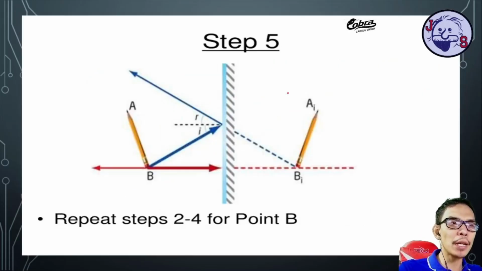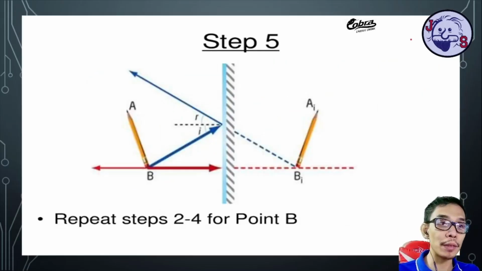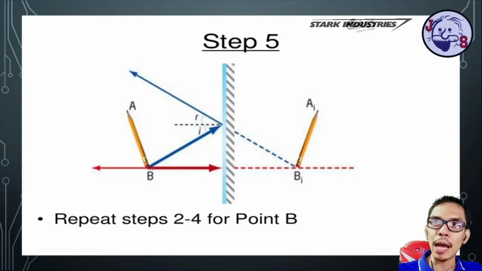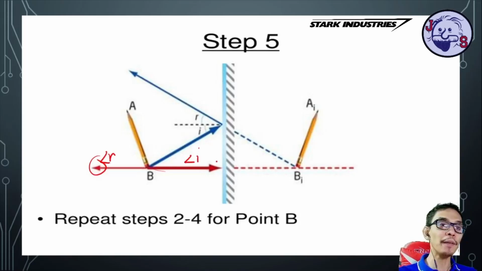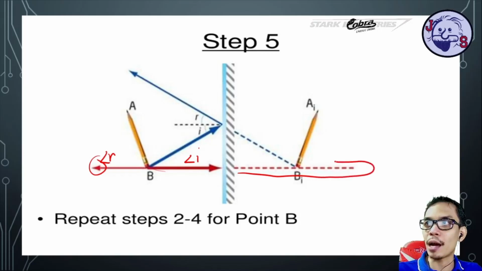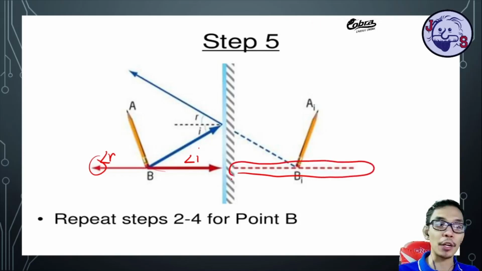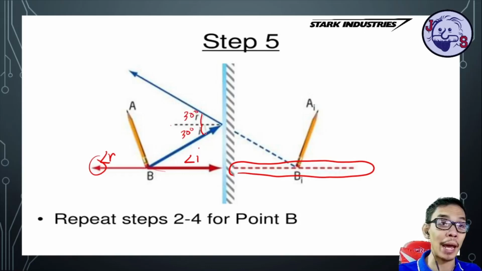Similarly, you can work with the one at the bottom with the same procedure that we had earlier. We have here a line perpendicular to the mirror, the reflected ray, and the incident ray over here. Then we have the reflected ray being continued behind the mirror. Also, we have your diagonal line over here. Now, if this is 30 degrees, this should also be 30 degrees with respect to the normal line.